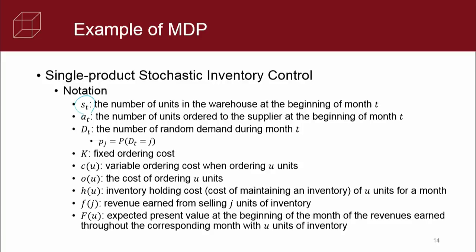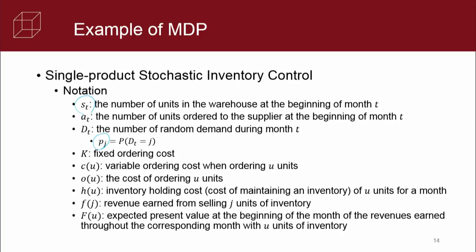And A_t is the number of units ordered from the supplier at the beginning of month t. That can be considered as the action the decision maker, in this case the warehouse manager, needs to choose. And D_t is the random demand during month t. P_j represents the probability that demand in month t is equal to j.